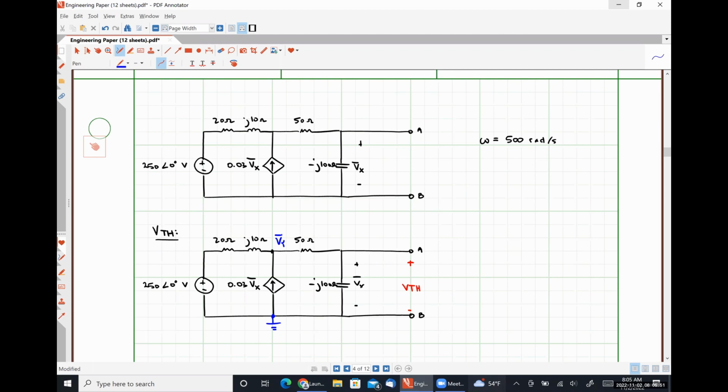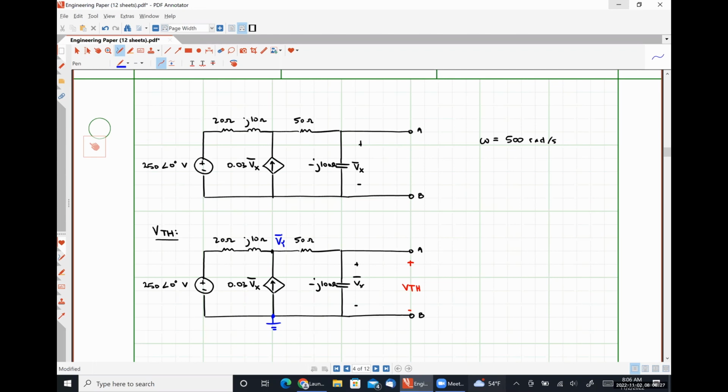Because I'll know the voltage drop across my current source, and then from there I have a known voltage over the 50 ohm resistor in series with the minus j100 ohm capacitor. Another thing that I am entertaining the idea of doing would be a source transformation on the left hand side, so converting that 250 angle 0 degrees volts source that is in series with the 20 plus j10 ohm impedance into a current source that is in parallel with that impedance.